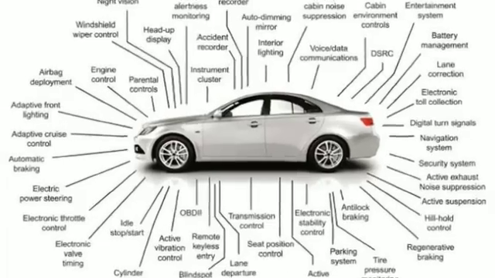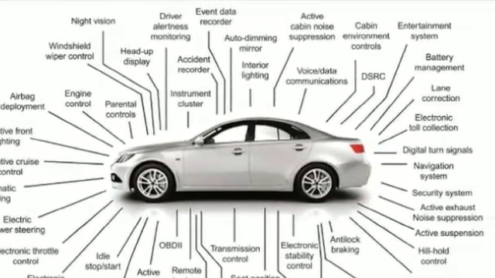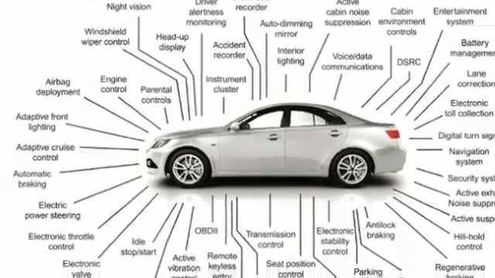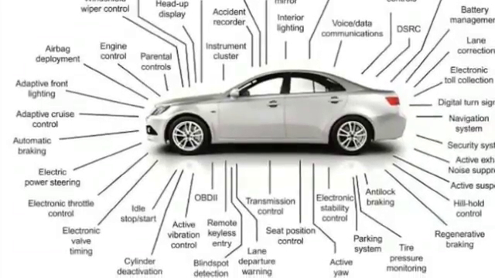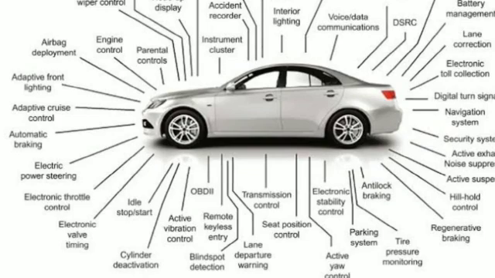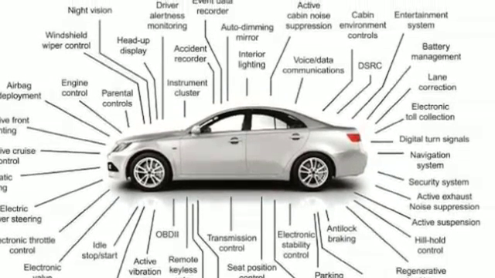Okay, here you can see, right? I have taken it from the internet. Now this is a high-end car. You can see the amount of electronics within this, right from night vision, windshield wiper control, engine control, airbag deployment, adaptive front lighting, adaptive cruise control, automatic braking system, electronic power steering, electronic throttle control, electronic valve timing, idle stop start, voice or data communication, DSRC, battery management.